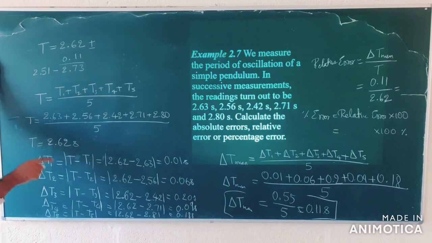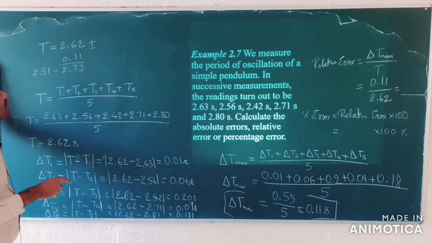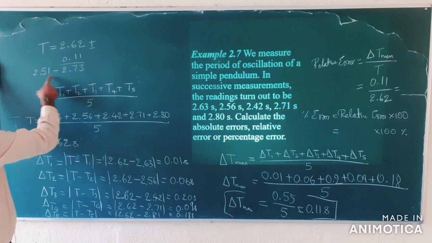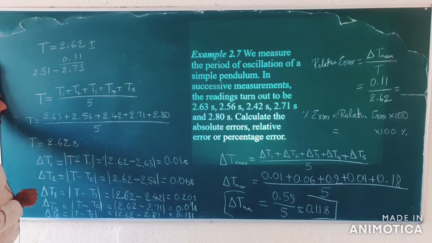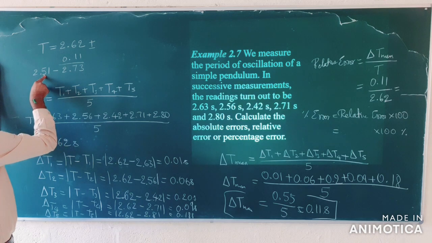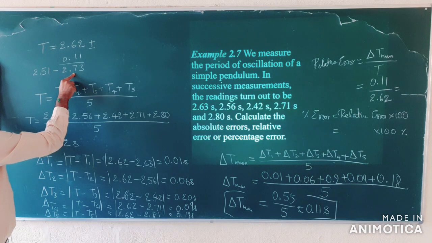So the actual value of the measurement can vary from 2.51 to 2.73. And what we find here is that the first decimal place itself has error in it. So it can be 5 or it can be 7. Following?